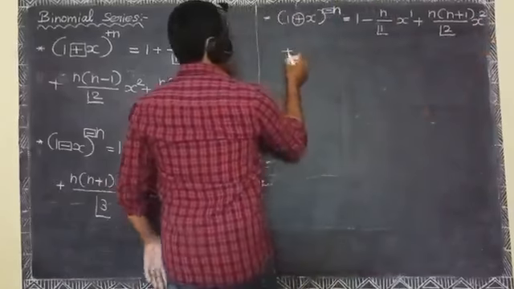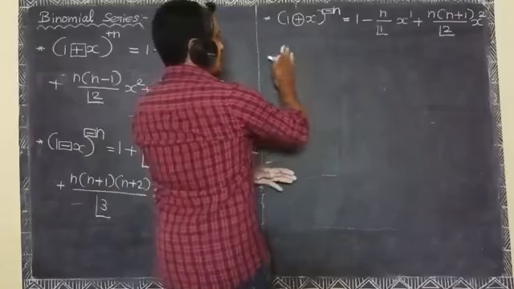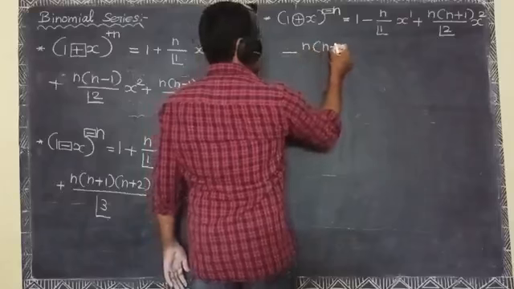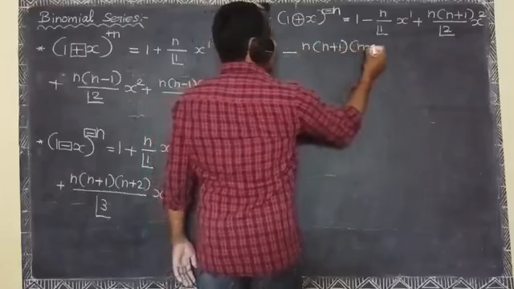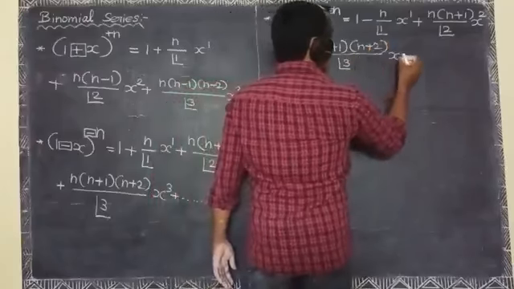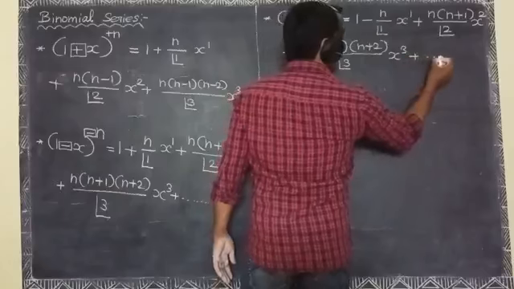Then the third term is minus n into n plus 1 into n plus 2 divided by 3 factorial into x power 3, plus and so on.